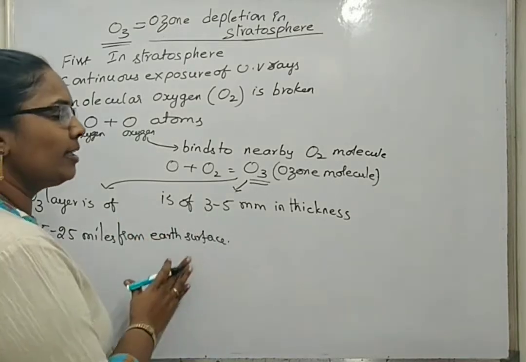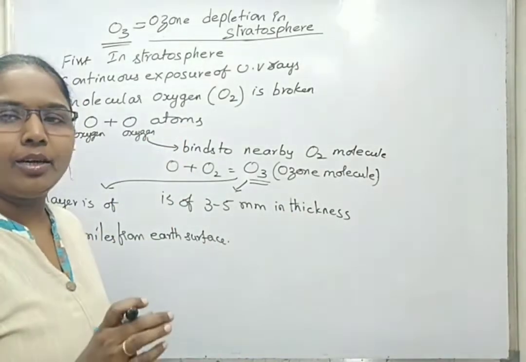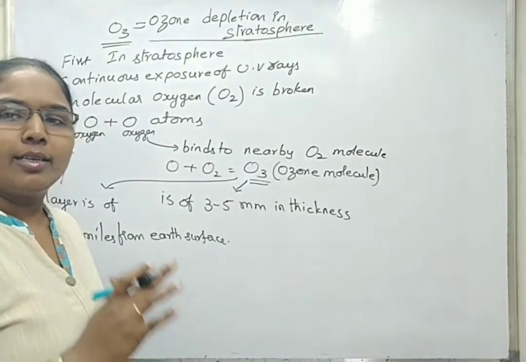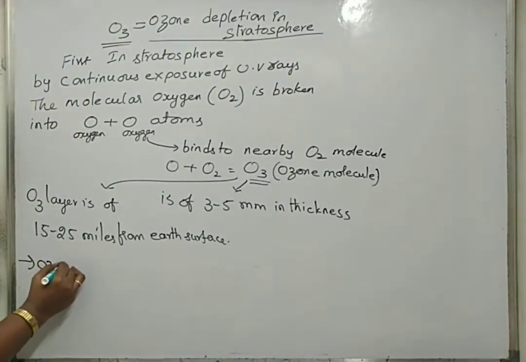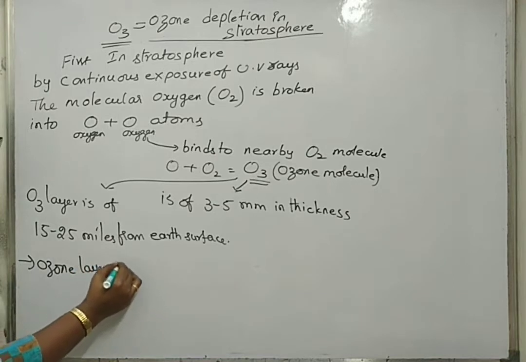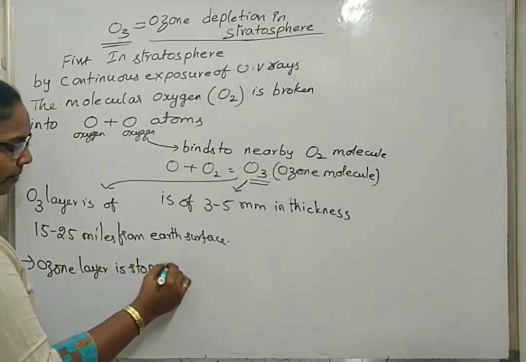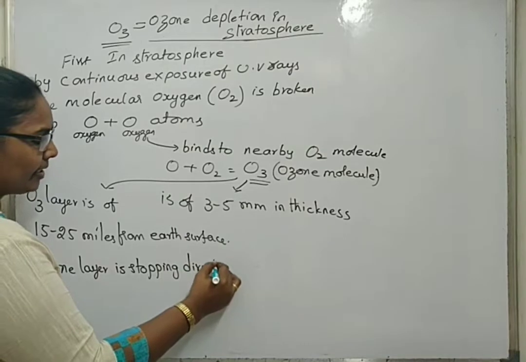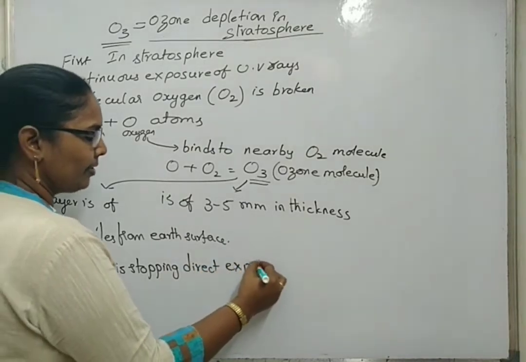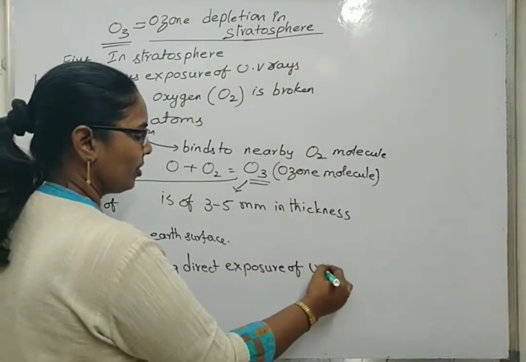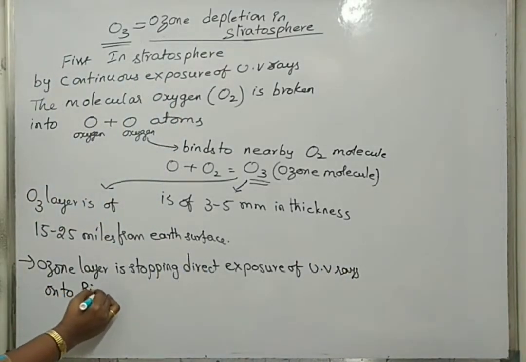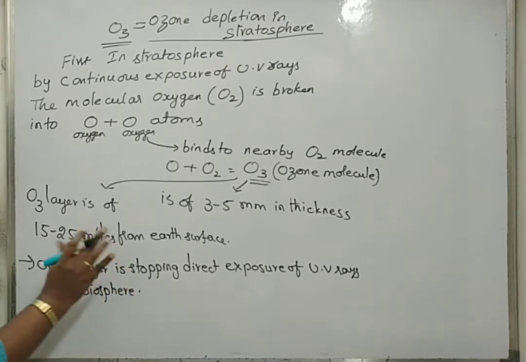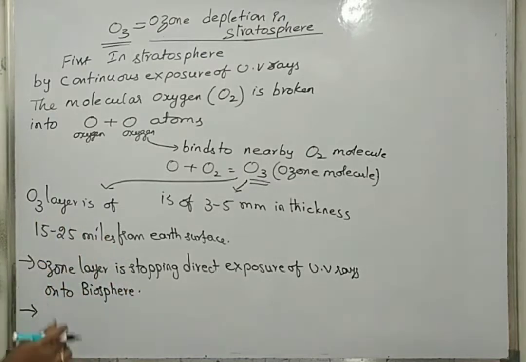So this ozone layer is stopping the direct exposure of UV rays onto the Earth's surface, onto the biosphere. So we can consider this stratospheric ozone layer as the good ozone layer.